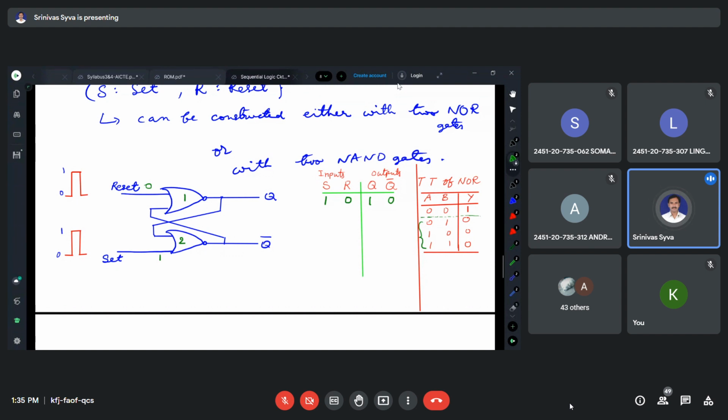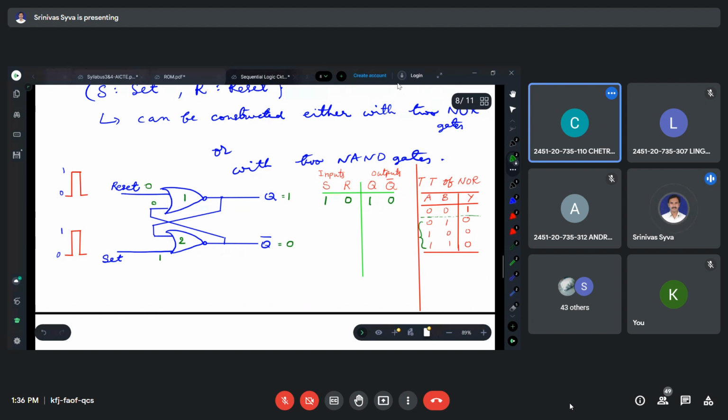Here one of the inputs is 1. So automatically you can decide that Q bar will be 0. Okay. So when this is 0, here also 0 is present. So both inputs are 0, which means automatically Q will be 1.